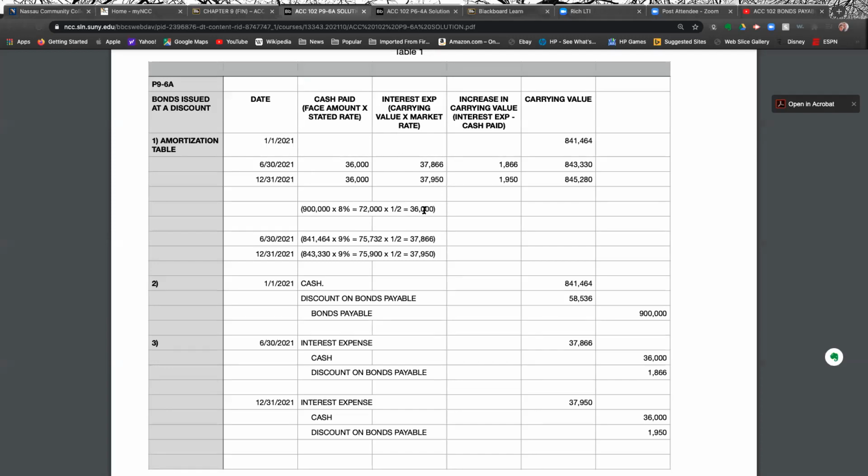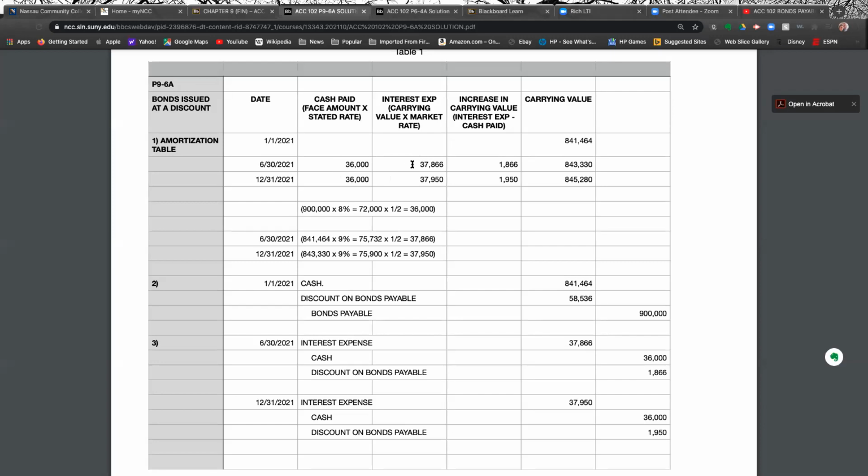That comes out to $36,000, and every cash paid amount is going to be $36,000. If you were doing the entire 10 years, that's $36,000 times 20 payments. Every time you make a payment, every time you write a check, it's going to be for $36,000.